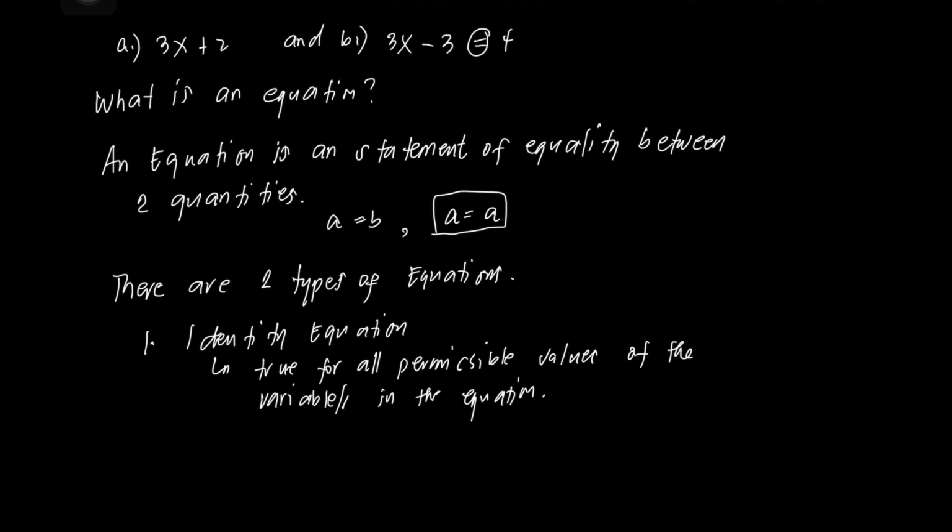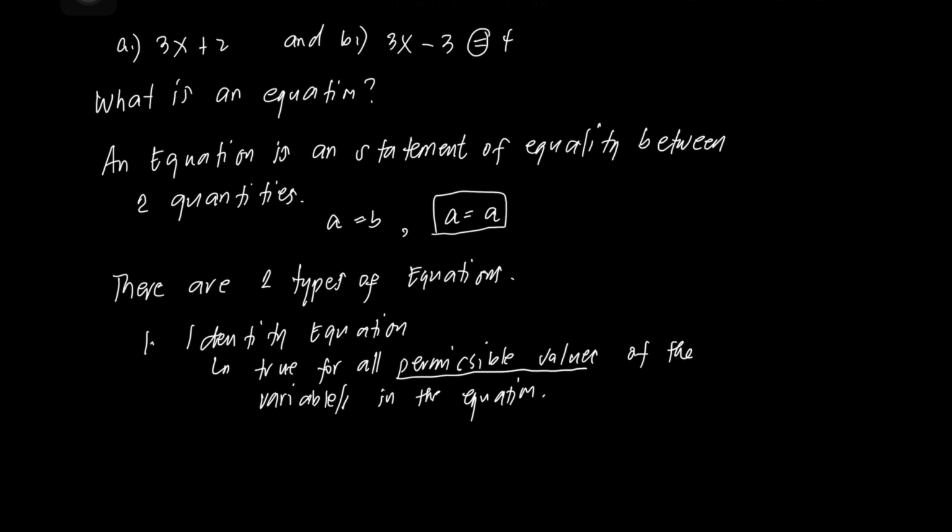We emphasize permissible values here because sometimes there is a condition that the value must be integers only, must be rational numbers only, or must be real numbers.